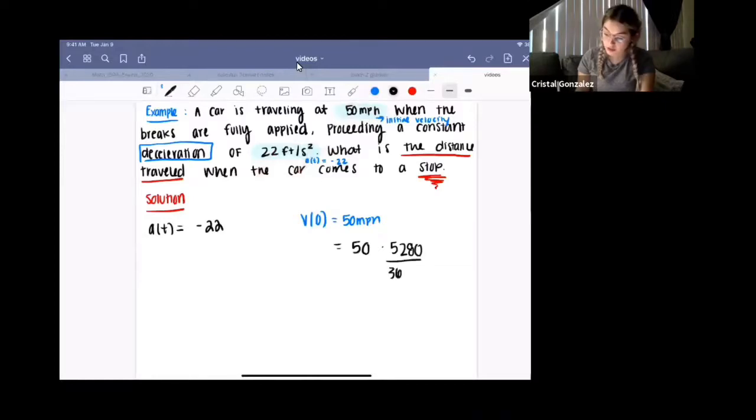You could just look up what the conversion is. When you multiply that out, you'll get 220 over 3 feet per second.